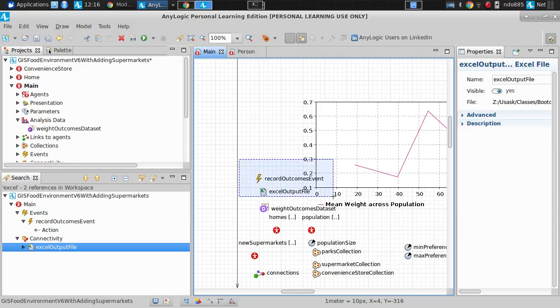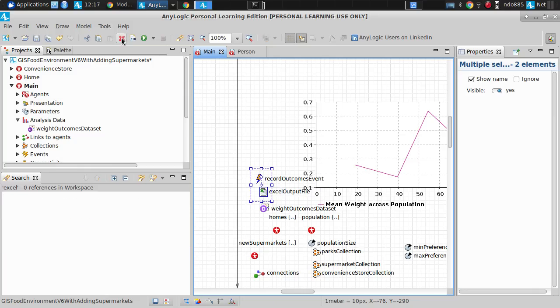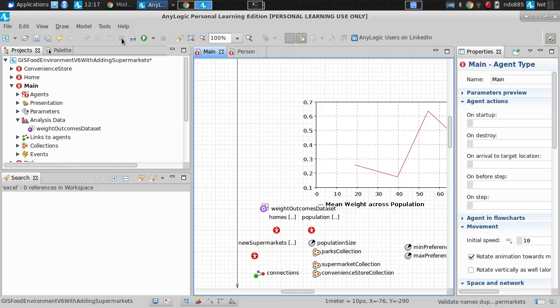You can delete both of those, okay? I'm just going to select them, and then I'm going to delete them. I can delete them with this X up here, boom. Or I can do Control X, or I can do Edit, delete. But please get rid of those two, because those will prevent it from running.